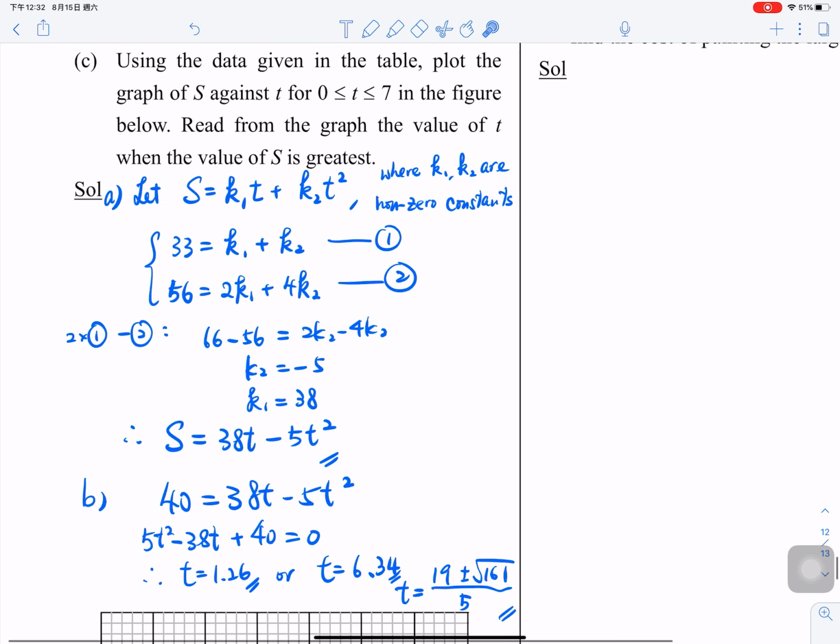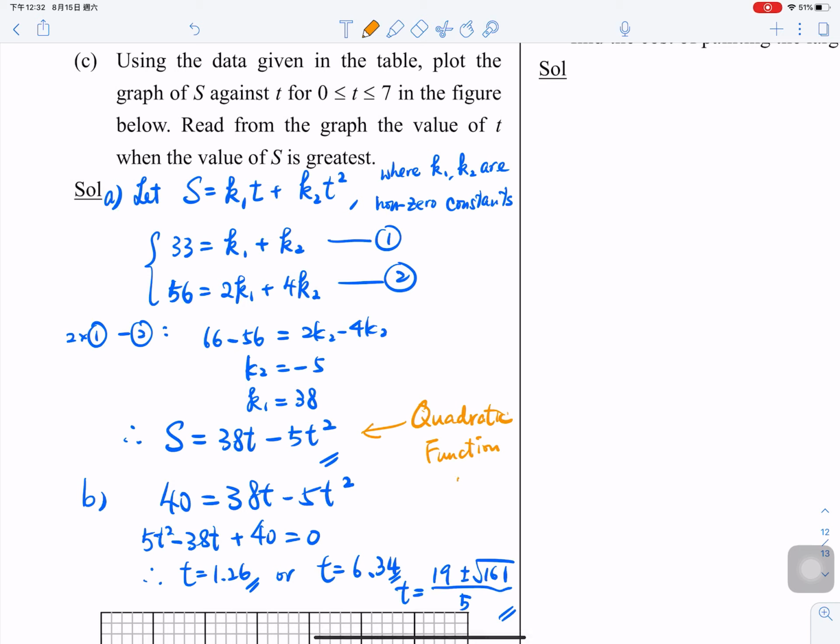Part C, using the data given in the table, plot the graph of s against t in this range. It asks you to read the value of t from the graph when the value of s is the greatest. What do you think about this one? We can see this one as a quadratic function, right? Remember quadratic function? That means it's a parabola, right?